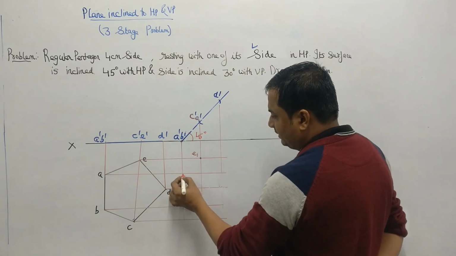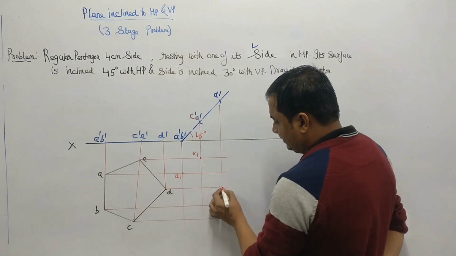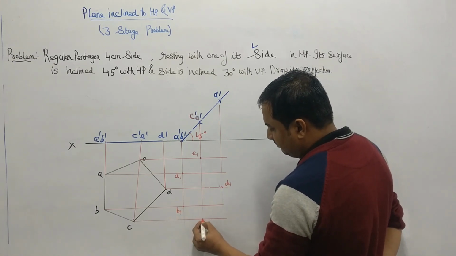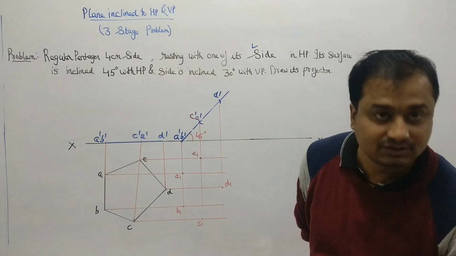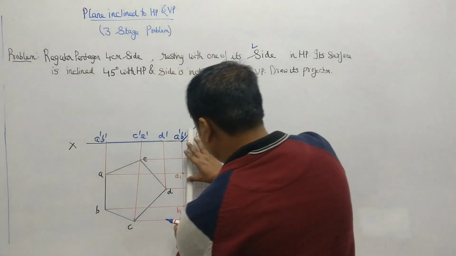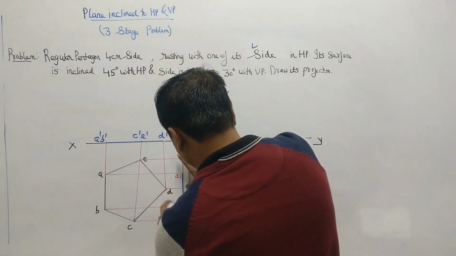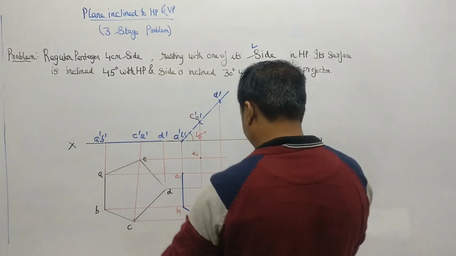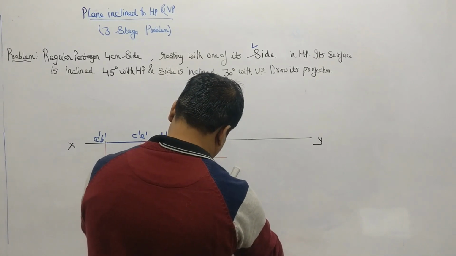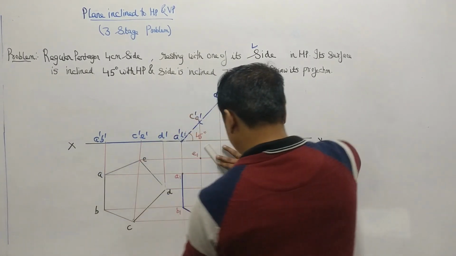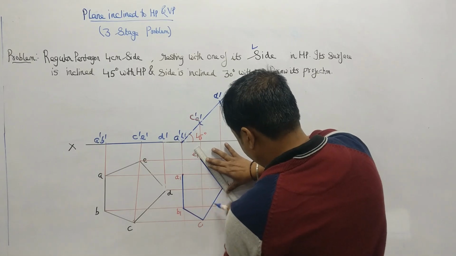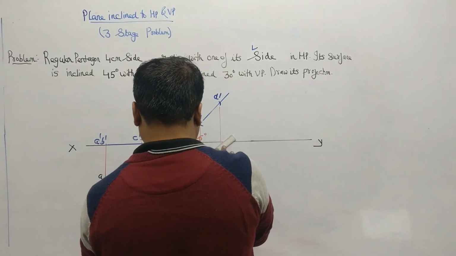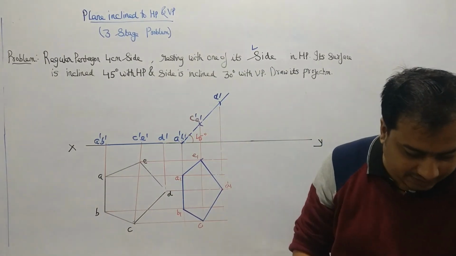A horizontal, A vertical, this point will be A1. This point will be D1. This is my B1 and this will be my C1. So I will be getting the 5 points. When I join these 5 points, A, B, so this is my top view when the surface is inclined with the HP.